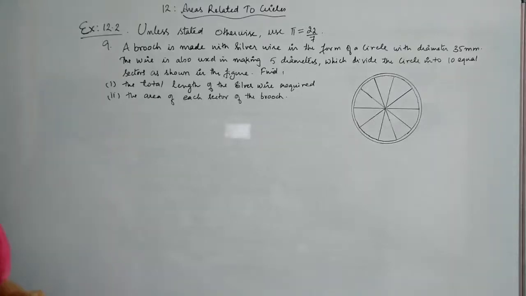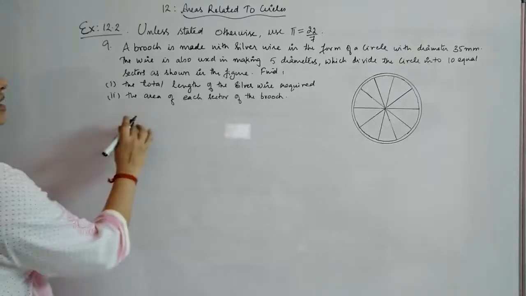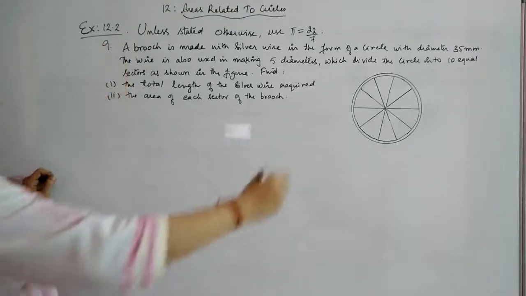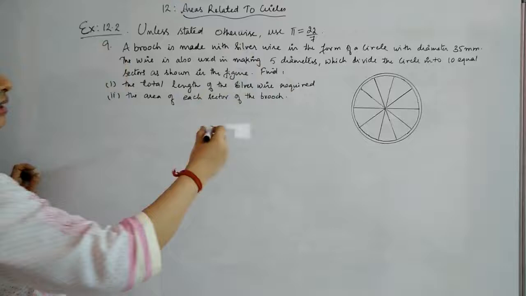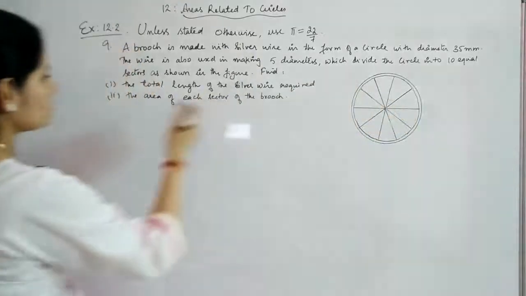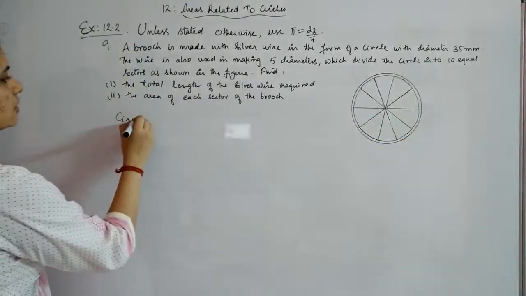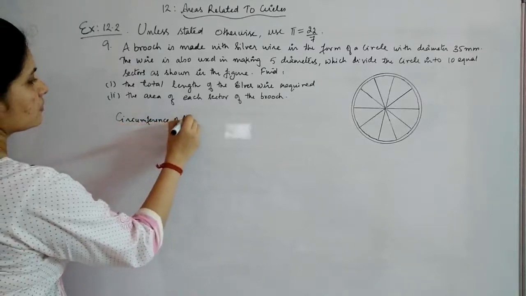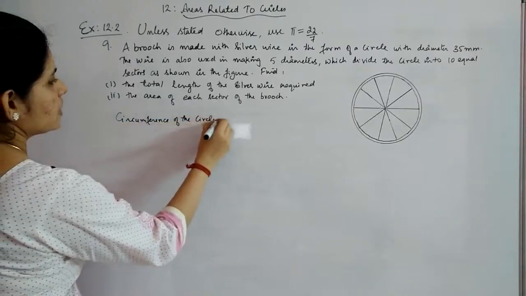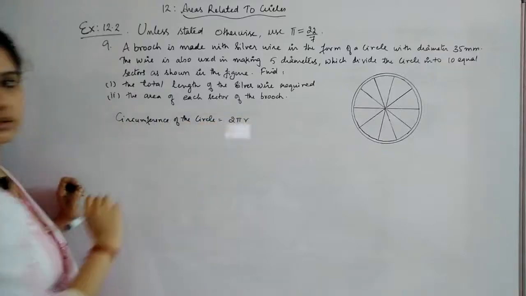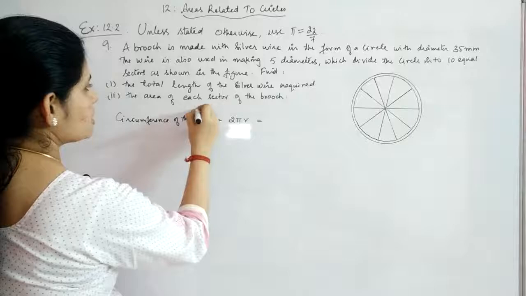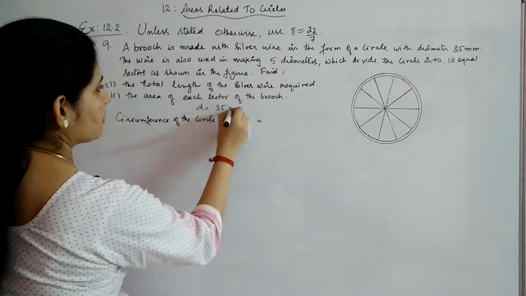Clear? So first we will start with the circumference of the circle, which is the silver wire in the form of the circle. The circumference of the circle is equal to 2 pi r, and here the diameter D is given to be 35 mm.